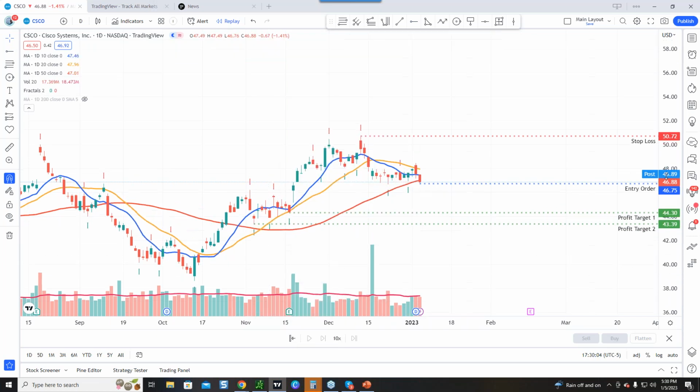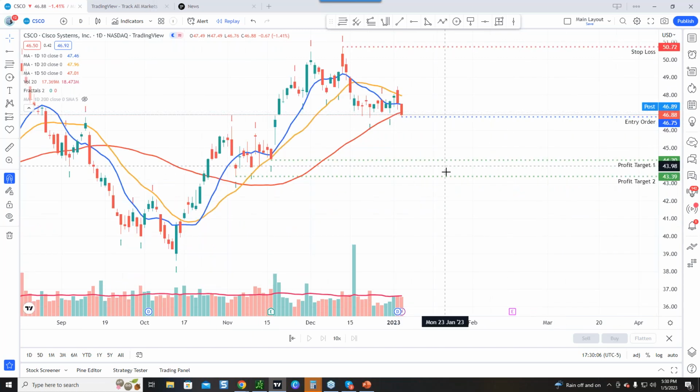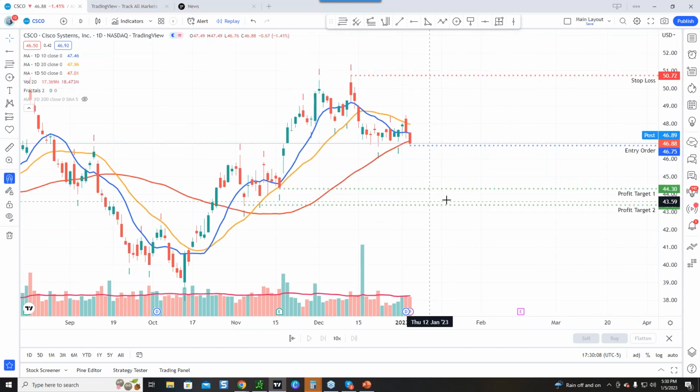Now you can see I did not pull a number out of my hat, saying put my profit target at 20%, put my stop loss at 10%. I didn't do that. I was objectively looking at what pattern just happened, and I used the pattern to dictate where my price points are. If you don't feel comfortable, I don't expect you to be comfortable in one sitting to run this.